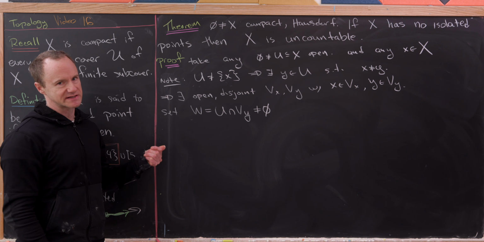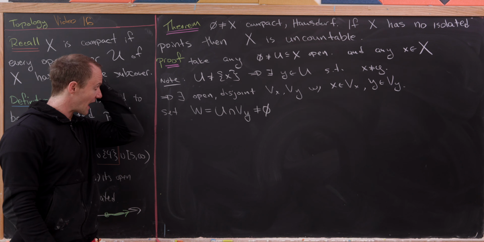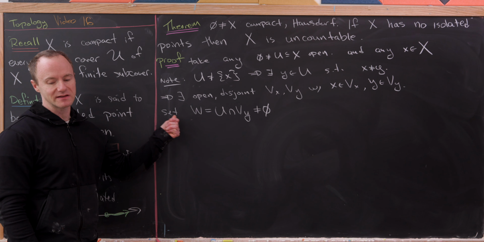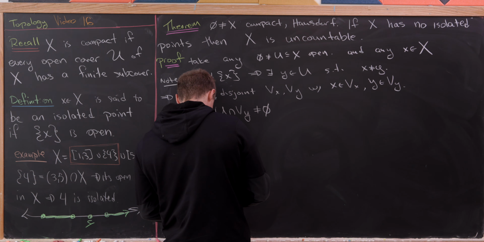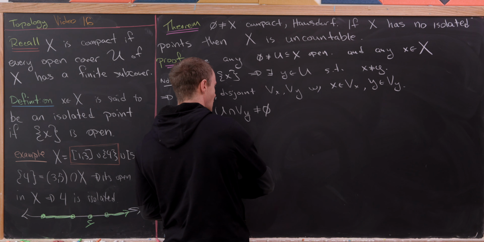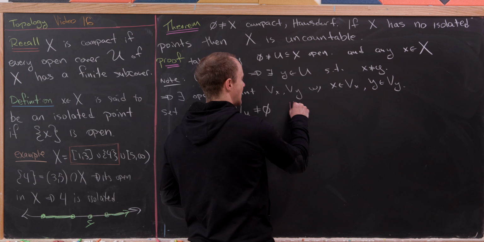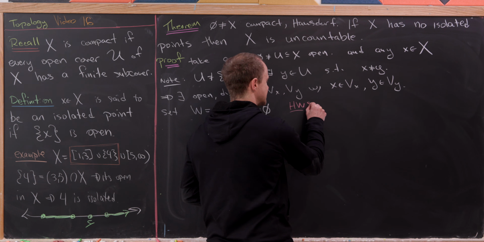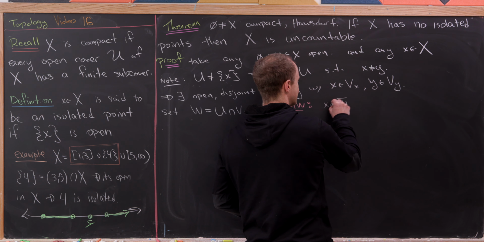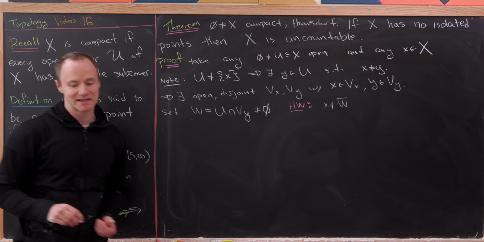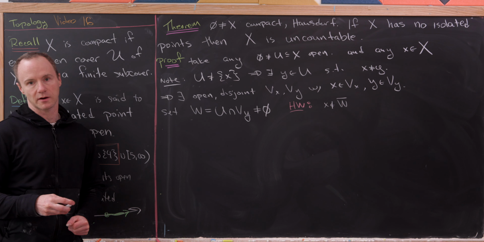Since it's open, it's got to contain more of y because we don't have any isolated points, but it at least contains this point y. So it's non-empty. And I'd like to leave a tiny homework exercise here: x is not inside of W bar, the closure of W.